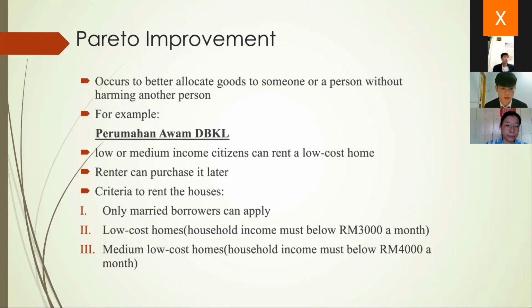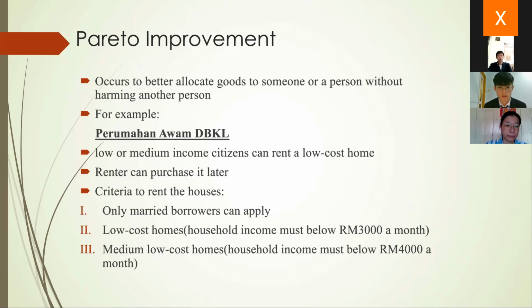So for the criteria of citizens to rent the houses, only married borrowers can apply, and for those who want to rent low cost homes, the household income must be below 3,000 a month, and for those who want to rent medium low cost homes, the household income must be below 4,000 a month.